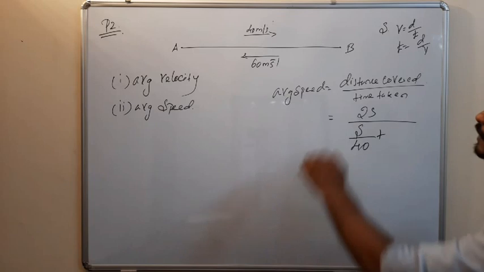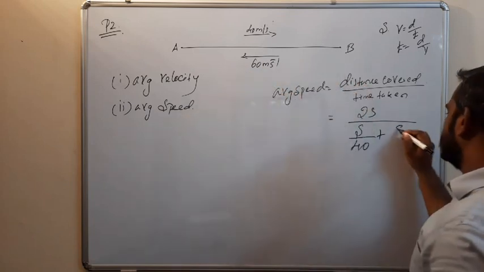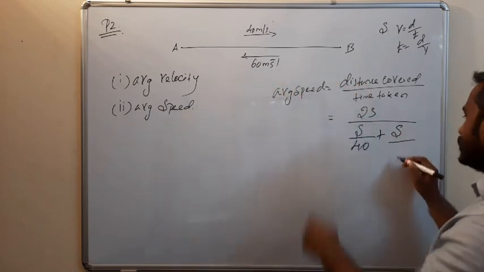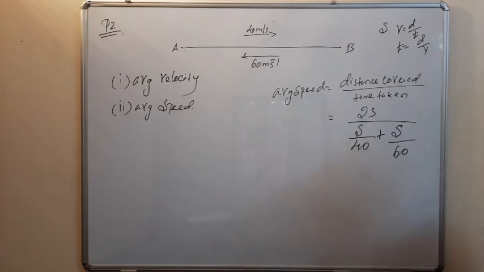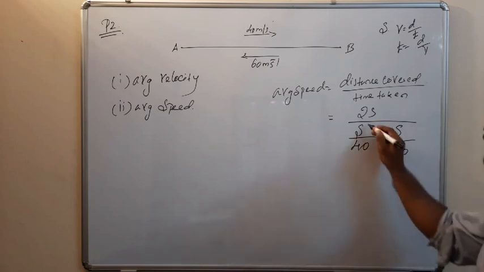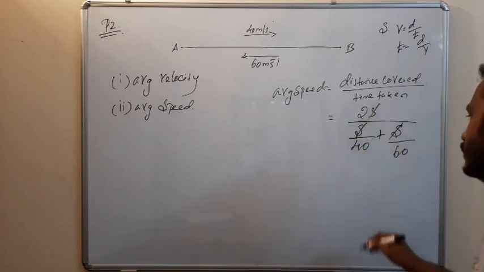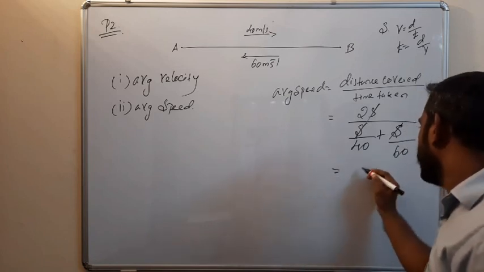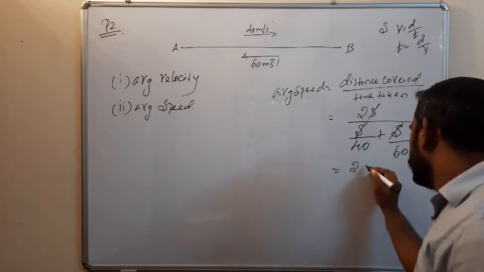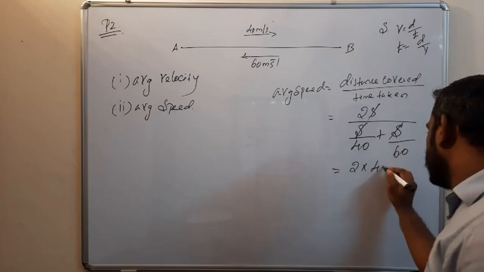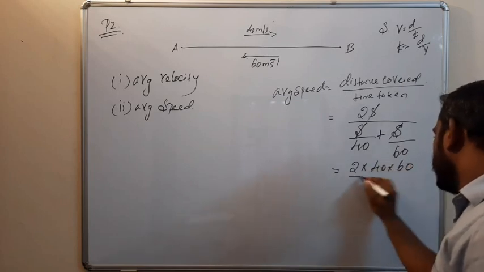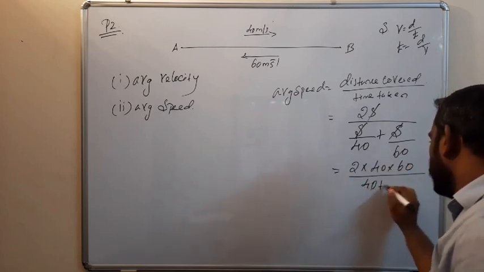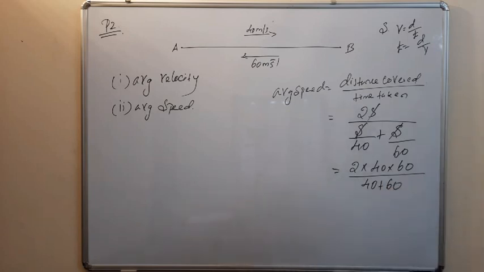For the backward journey, the distance is S and the velocity is 60. So this S and this S will cancel. That is equal to 2 into 40 into 60 divided by 40 plus 60.